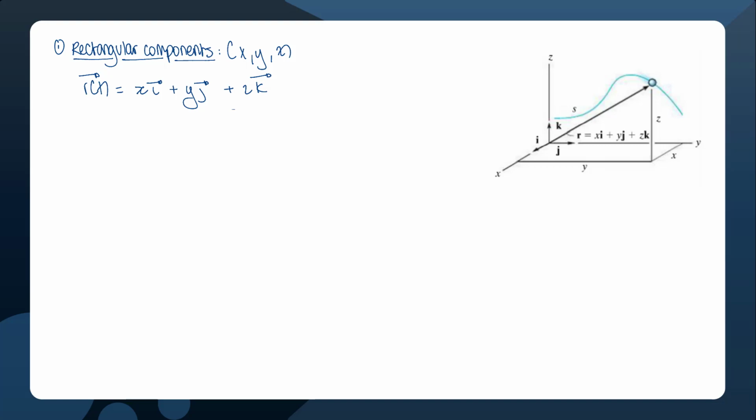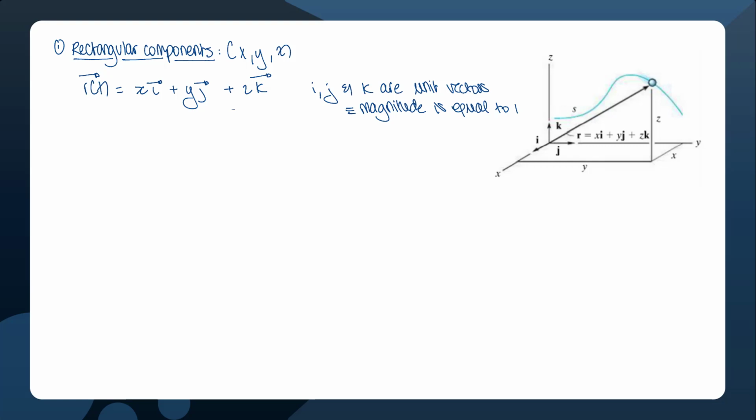And by now you should already be familiar with this sort of representation, since it's more of the traditional representation for 2D or 3D spaces. Remember, i, j, and k are unit vectors, and when we're talking about a unit vector, we know that the magnitude is equal to 1. So the magnitude of the vectors i, j, and k do not affect the final position of the object. It's basically the components x, y, and z that dictate the position of the object.